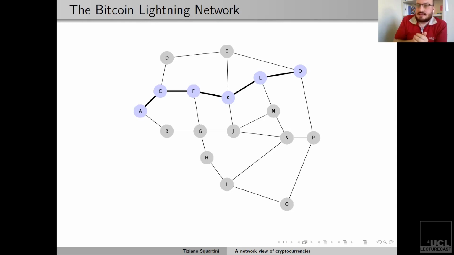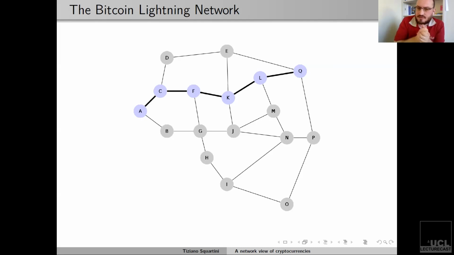The idea is that there are users that basically have channels open between them, and so payments move through the channels. So in this case, you have a proper network to study. You don't have to imagine fancy ways of defining a network.